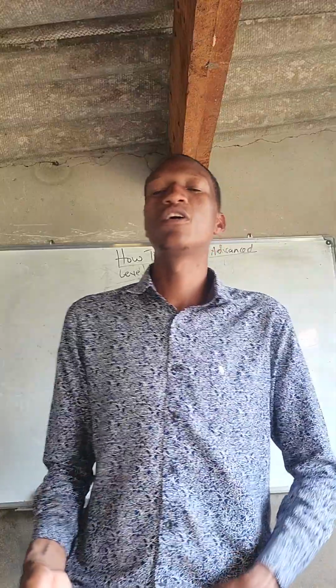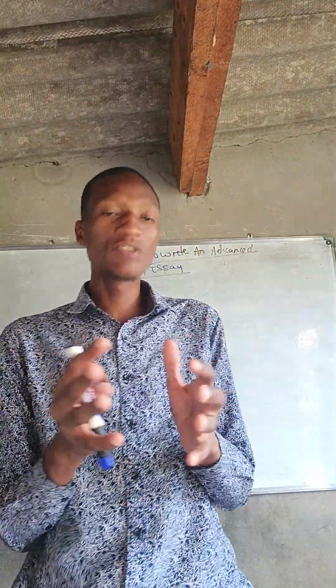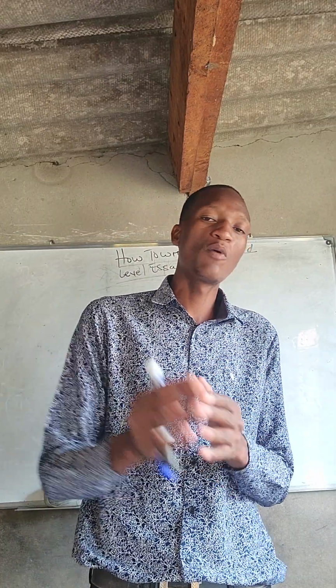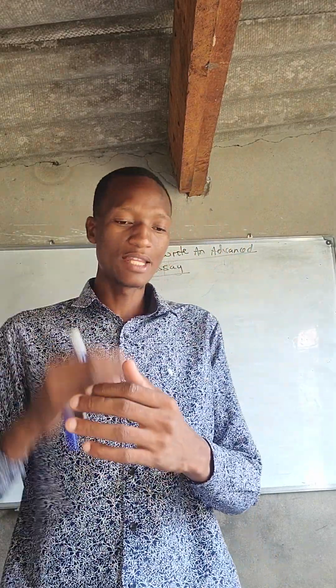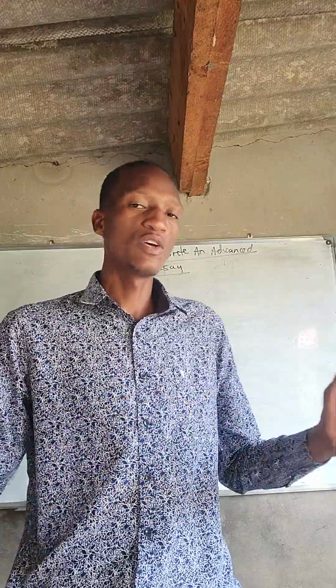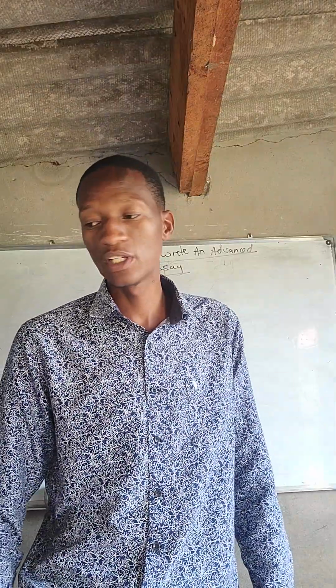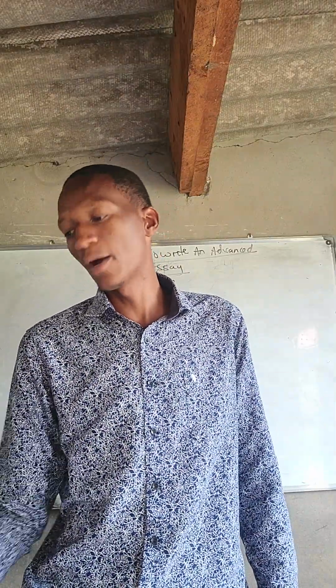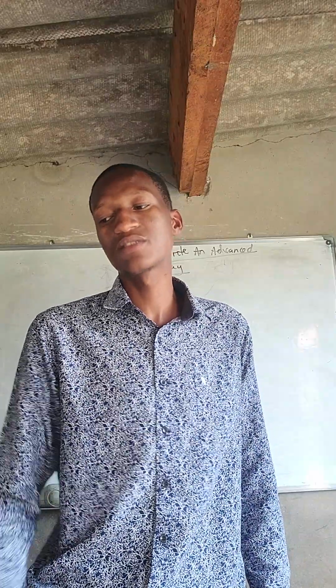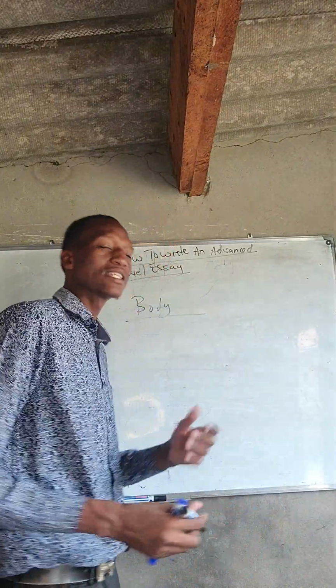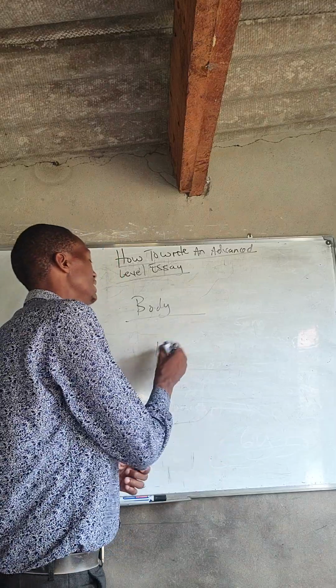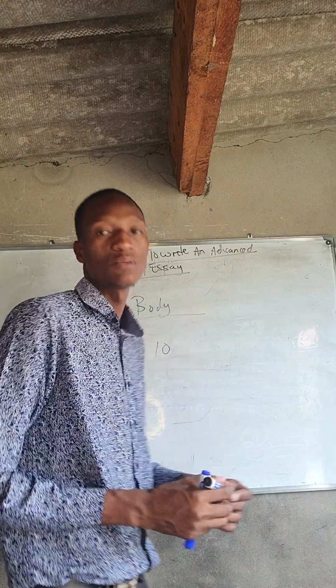The purpose of the body of an essay is to put information together from one major point to the other major point until your essay is combined together. So it is allowed to use several aspects. For instance, an advanced level essay must have at least 10 well-explained points.